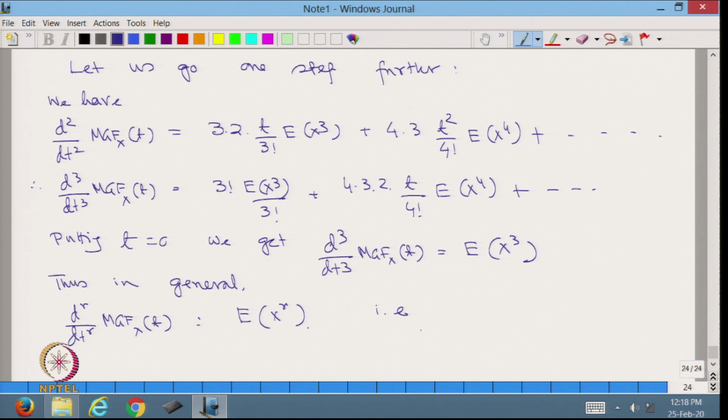That is, the rth raw moment by setting t equal to 0.